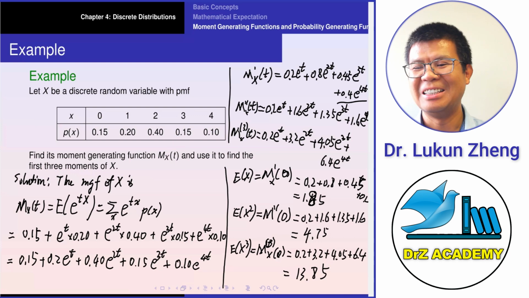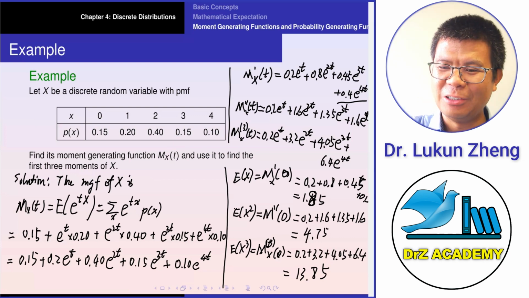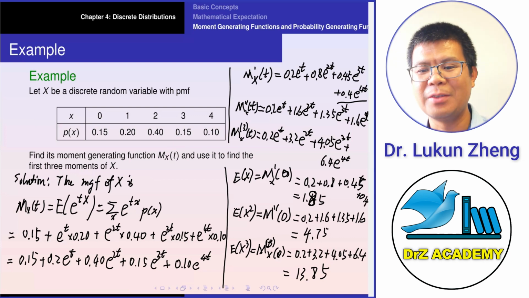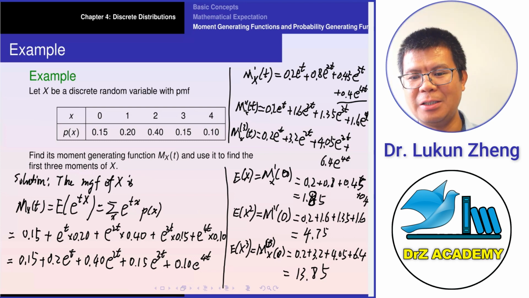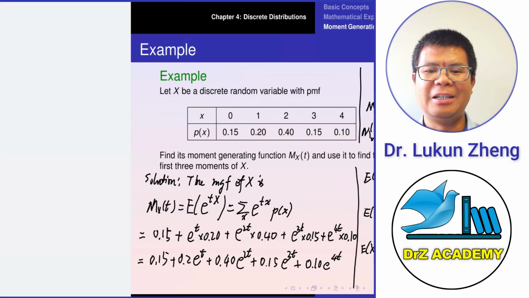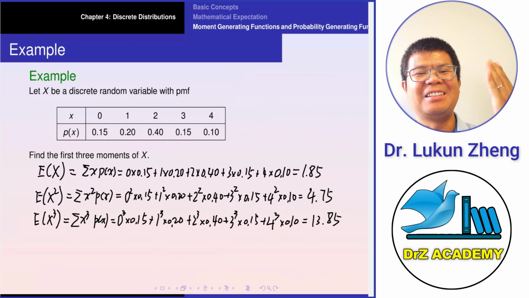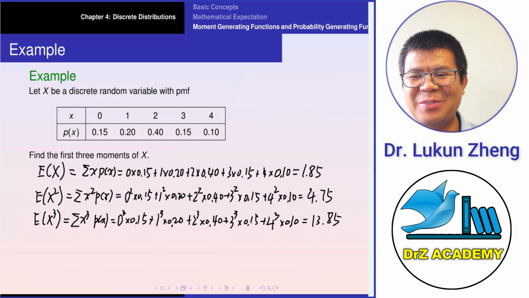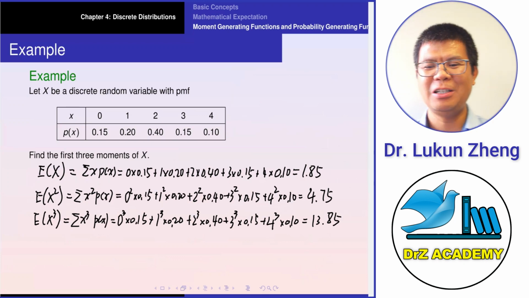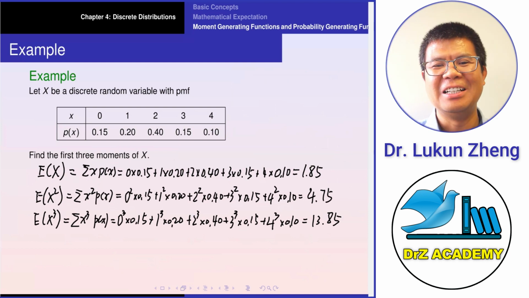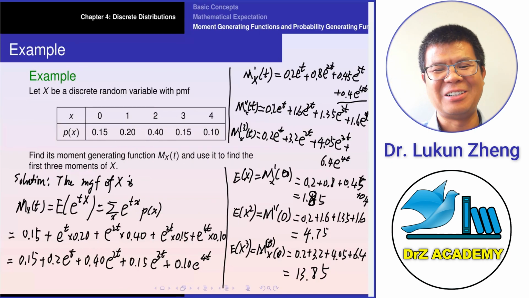So just be very careful. There should be plus 0.4 there. So the moments are 1.85, 4.75, 13.85.